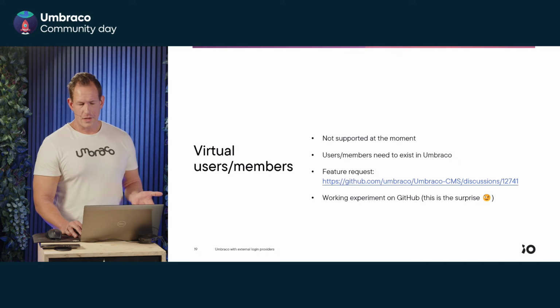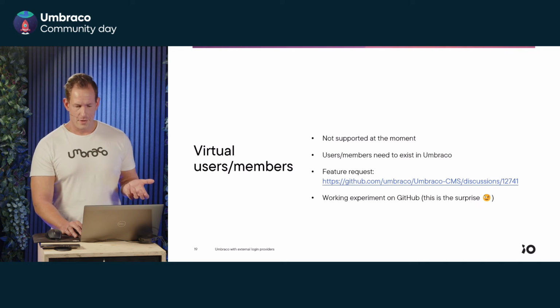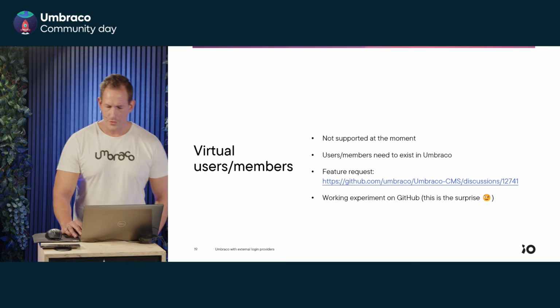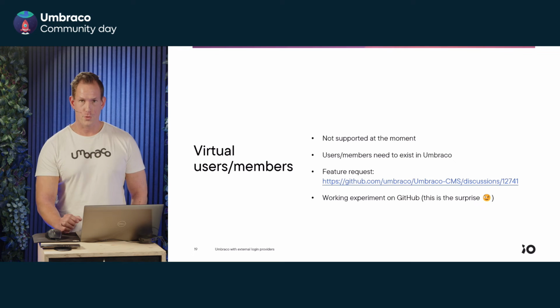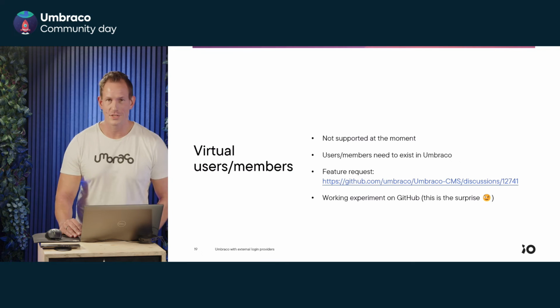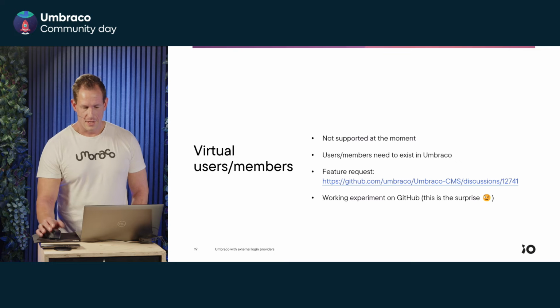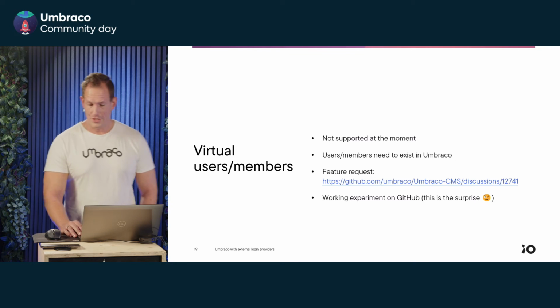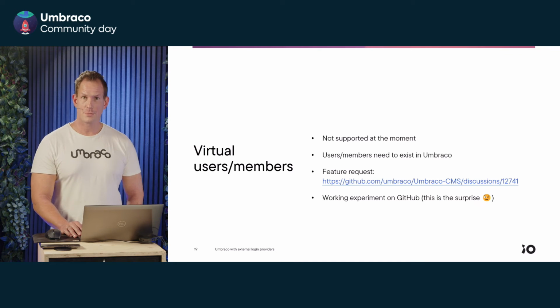I have a working experiment on the GitHub repo I just showed, and there is a branch which supports virtual members, but it's an experiment. It's better to wait for the official feature request to be implemented. However, on the next 4 slides, I'm still going to show you the adjustments I made to get this working.